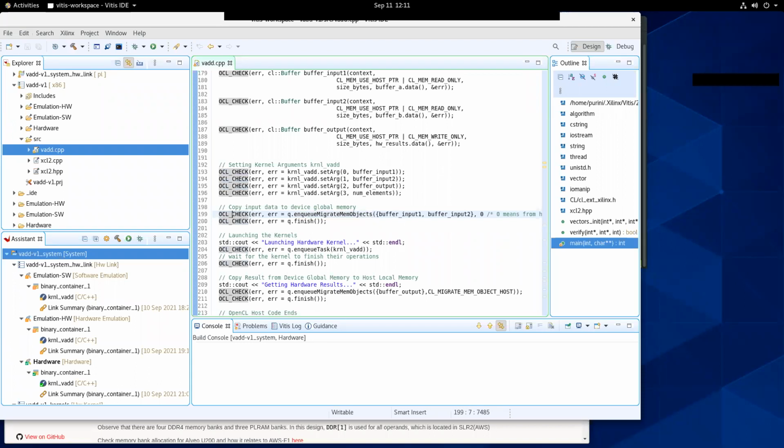The FPGA has a global memory, and we are transferring data from the host memory to the device global memory on line number 199. And we are launching the kernel on line number 204. And on line number 210, we are getting the results back from the FPGA back to the host memory.